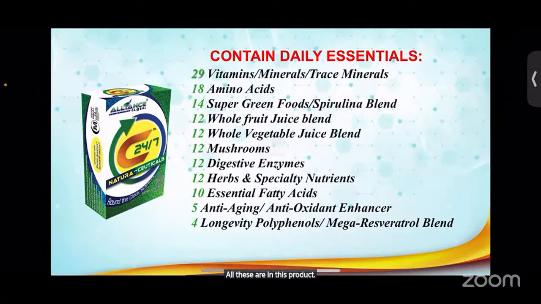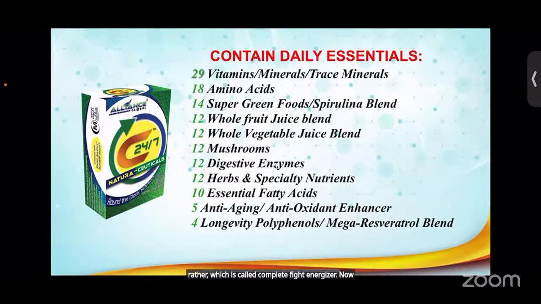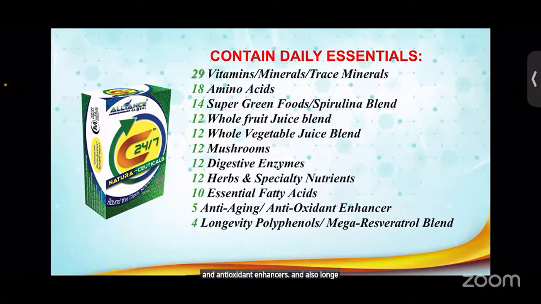Now, C24/7 has a sister product which is called Complete Fight Energizer. C24/7 and Complete are sister products. The only difference is C24/7 has anti-aging and antioxidant enhancers, and Complete doesn't have them, and also long-lived polyphenols.